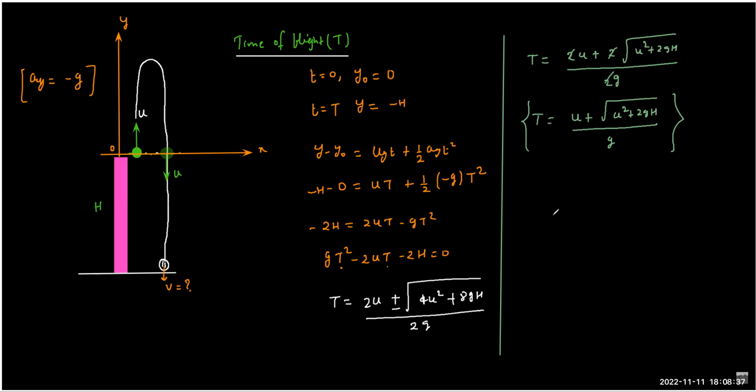All right. Now, can we calculate the v value? At the maximum height, what will be the v value? 0. But I'm asking about this value, not the maximum height. V just before impact.